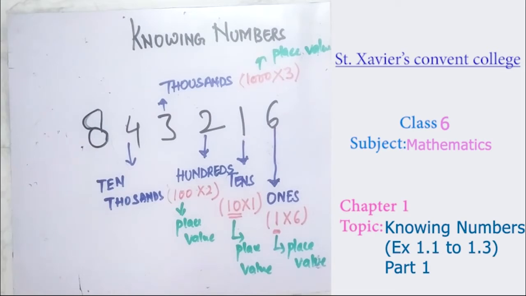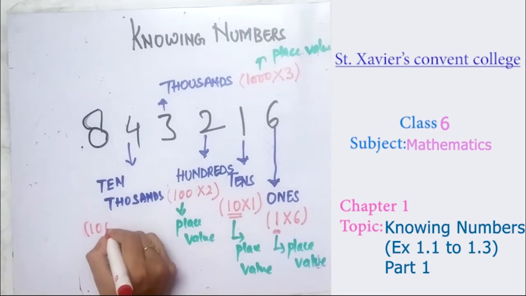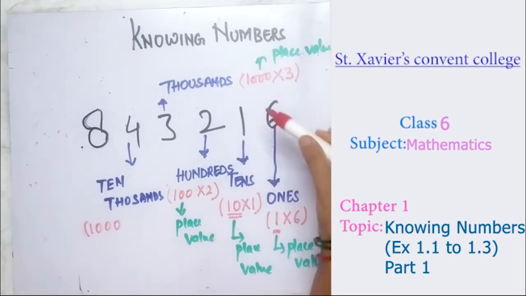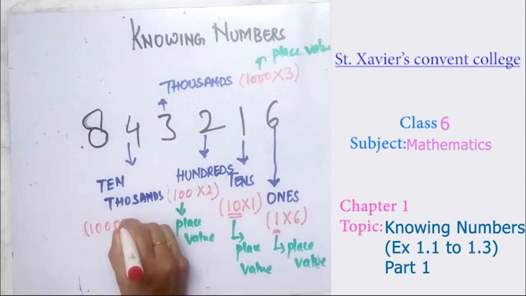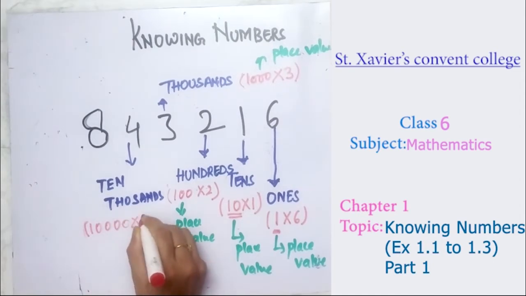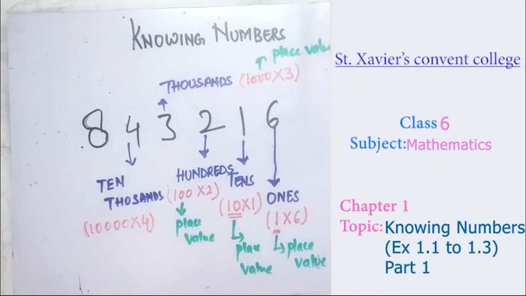The 10,000s have 4 zeros. 1000 has 3 zeros, and 10,000 has 4 zeros. So here the 10,000 is the place value.